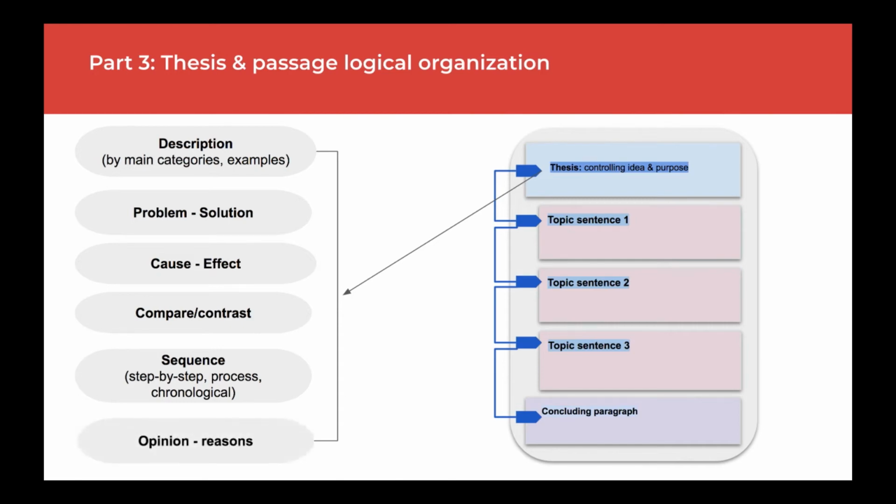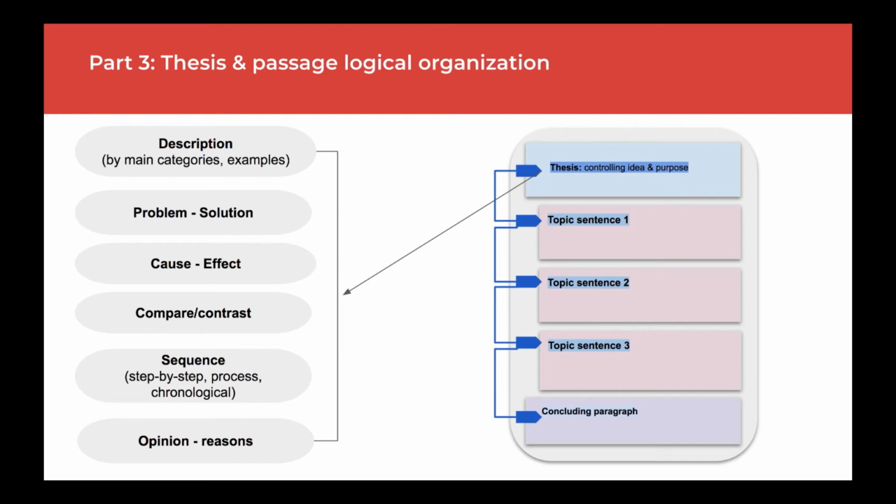And sequence, we have seen that in the text on culture shock, very typical. And then opinion and reasons. So because texts on the IELTS exam are fairly long, from 700 to 800 words, which is about 7 to 8 paragraphs, depending on the topic, there is always a purpose, and it could be a combination, right?